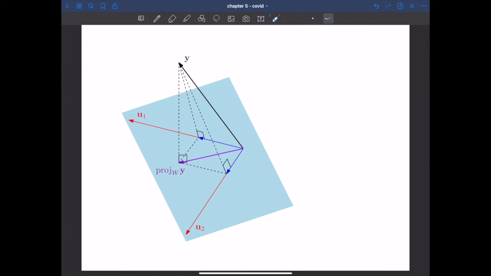Now there's another piece that's kind of lurking in the background here, and that's the orthogonal component.